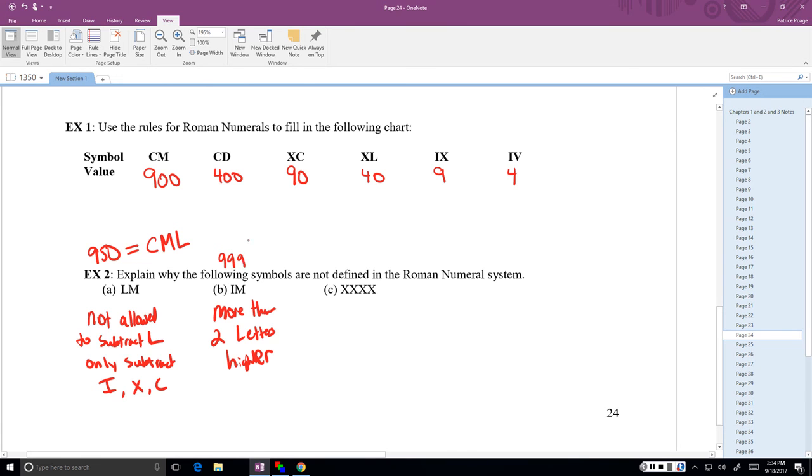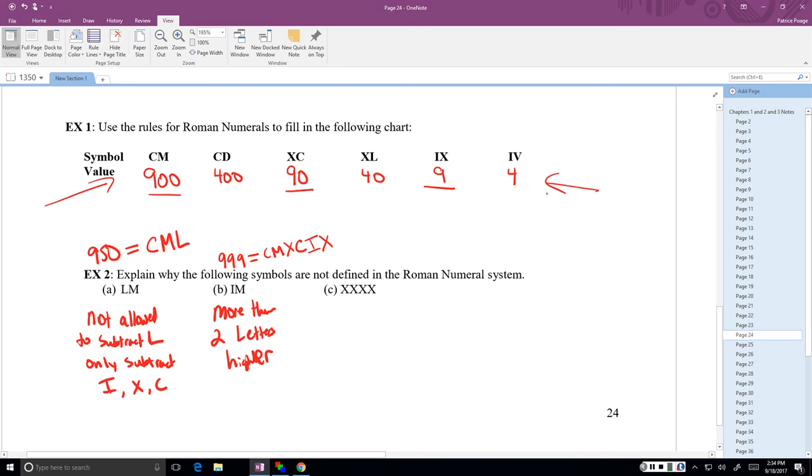They're trying to take 1 away from 1,000, but that's not right. So how do you think we would do 999? I'll give you a hint. 900 is CM. 90 is XC, and 9 is IX. Just looking at this stuff here, I can figure that out.